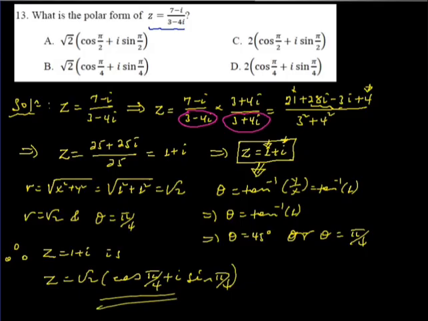So the polar form of the given complex number is radical 2 times cosine of pi over 4 plus i times sine of pi over 4. So our answer will be B.